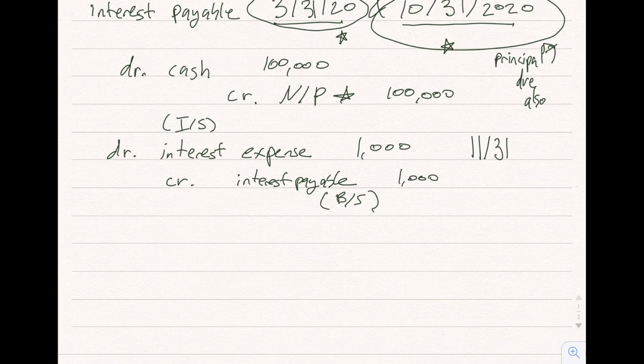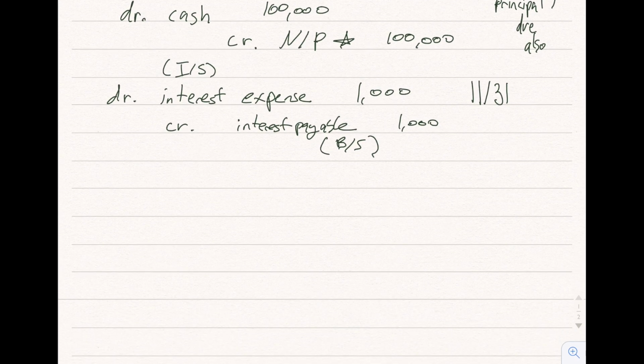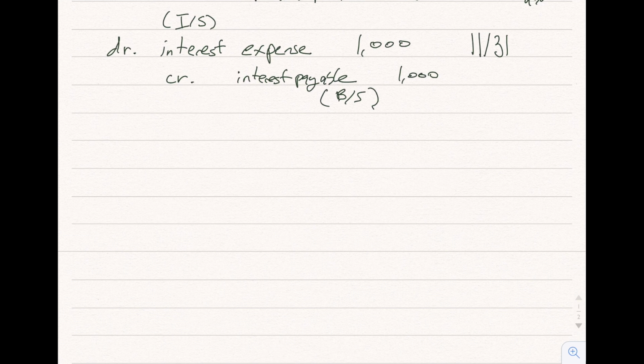Could be different dates, but understand the difference between actually having to pay the interest, which we're going to get to, that's going to be our final journal entry, but you have to keep track of the interest that's ultimately going to be owed, just like you kept track of the principal amount of 100,000. So you're keeping track of the interest, and this is how it's done.